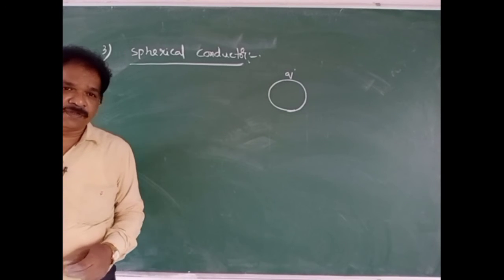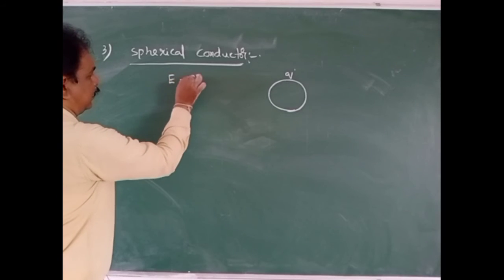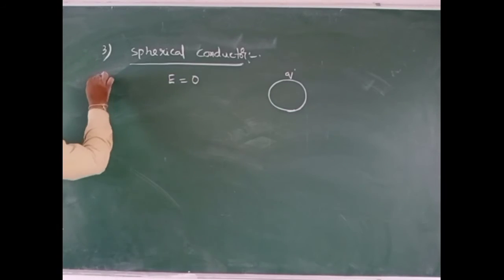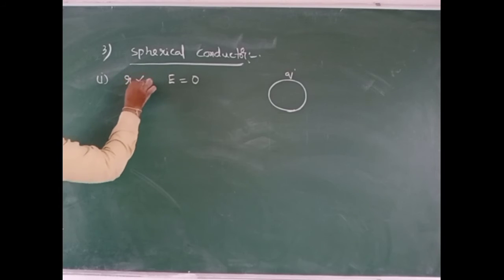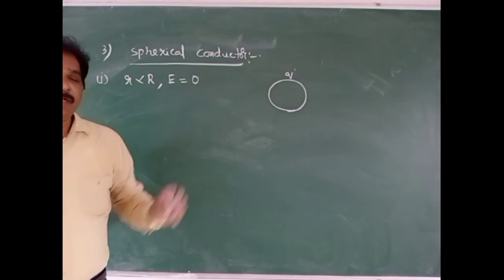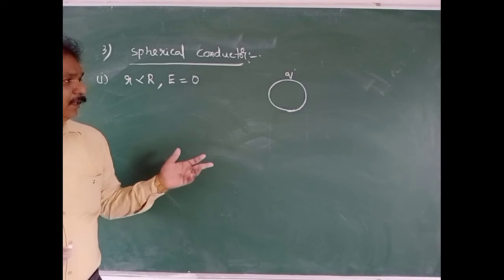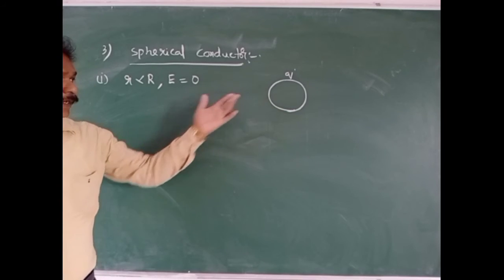So inside, if you take any point where r is less than R, the E value will be equal to 0. There will be no field intensity inside.